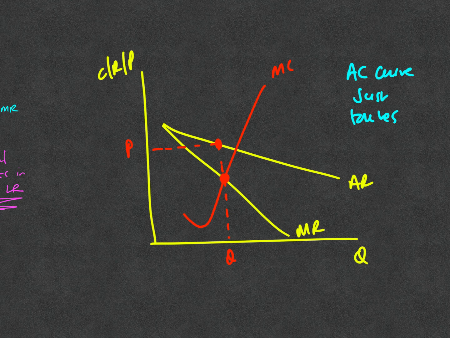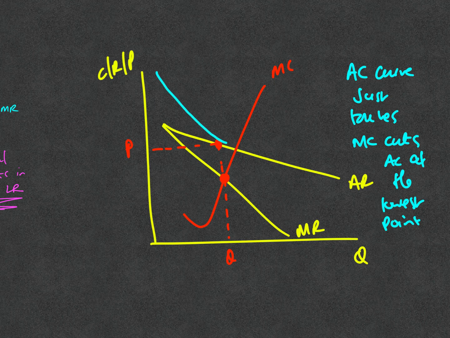But also, I need to ensure that my MC cuts AC at the lowest point. So two things you need to make sure happen. It requires a bit of practice. You could maneuver your paper out the way. You just need to make sure it's done well. So AC comes in, it just touches, lift up. There we go, done. That's good enough.